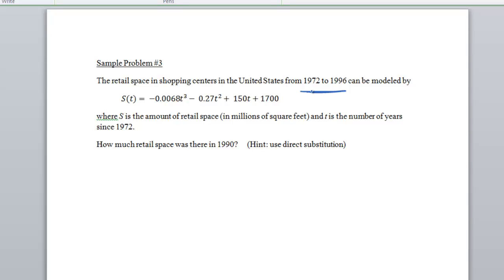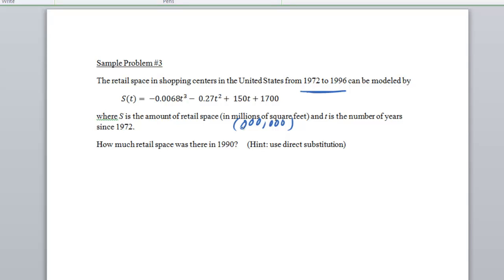It says S is the amount of retail space in millions of square feet, which means that whatever our answer is, we're implying that we've got this many zeros on the back end of it to imply millions of square feet.